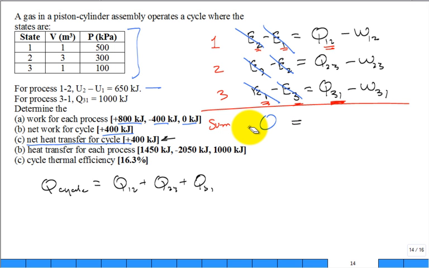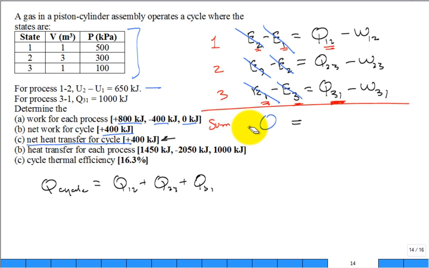And then you think about it for a minute. That's how much energy I've stored in the system. If for every cycle somehow it wasn't 0, then I would either go up, up, up, up, or down, down, down, down, depending if it's positive or negative, but it's 0, hence that makes sense. I'm just going in a cycle, and the net energy stored in the system doesn't increase or decrease after every cycle.